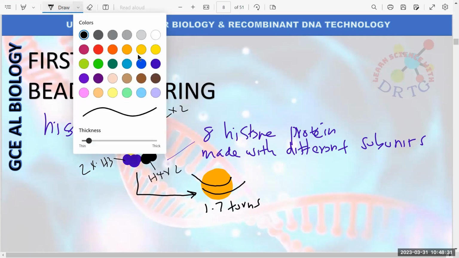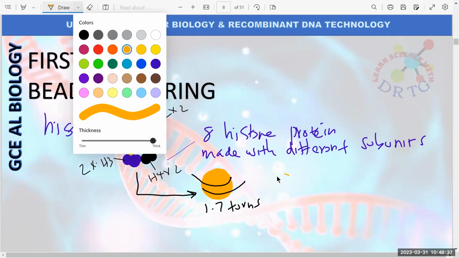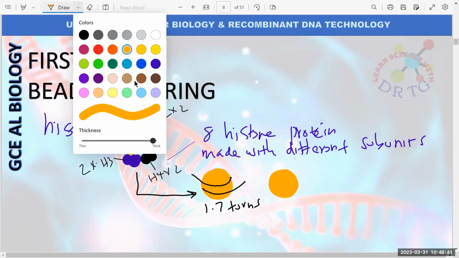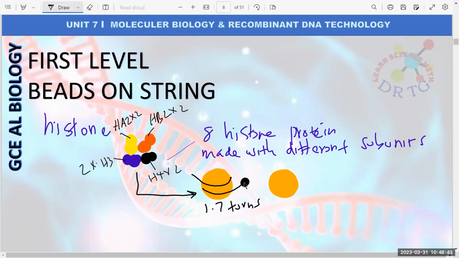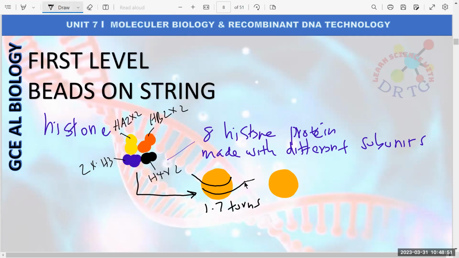Okay, then there is another histone protein. This is another one. And now this DNA again goes to the next one, and it again goes one turn and then another turn like this.